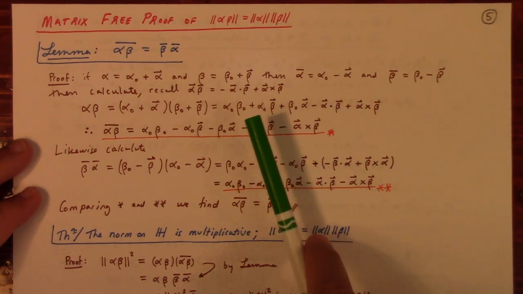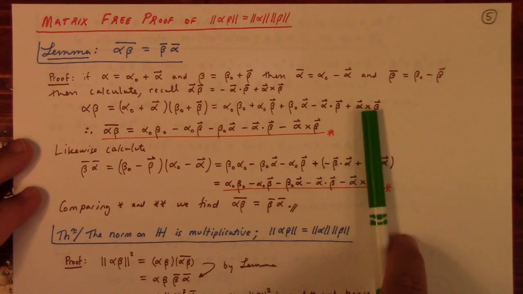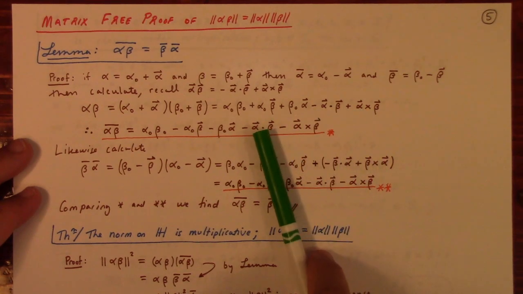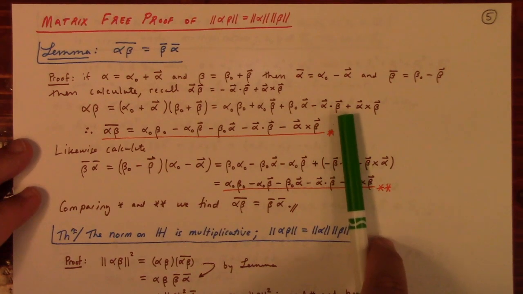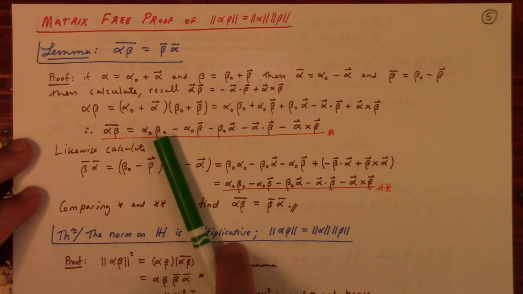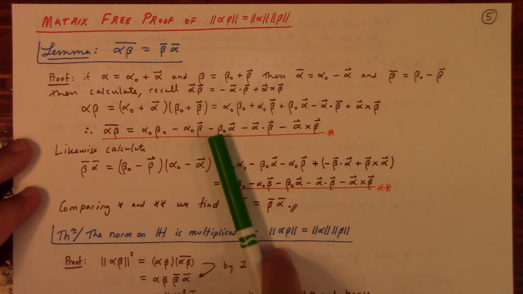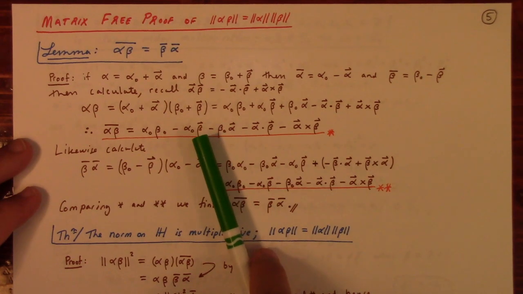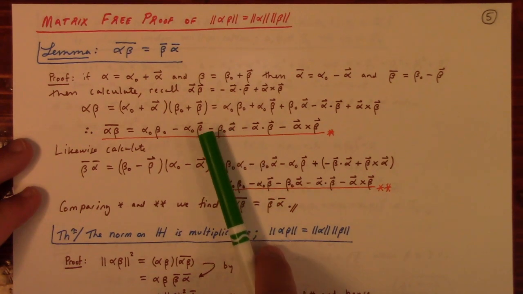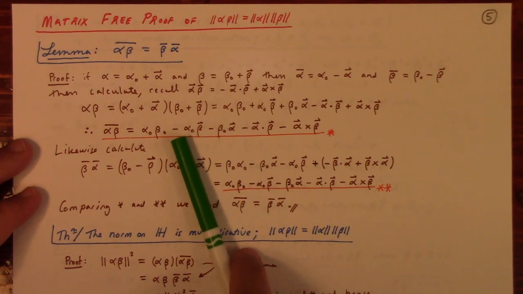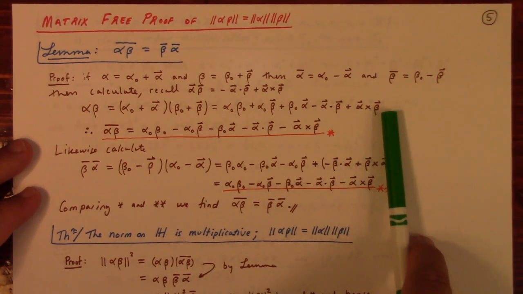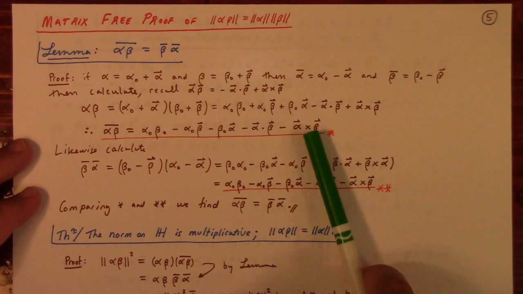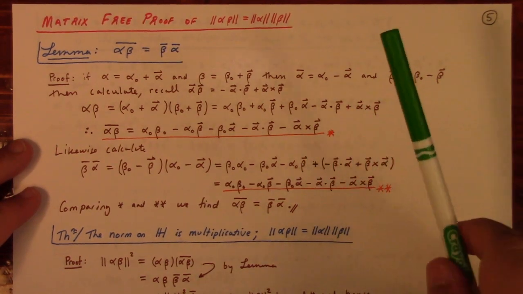Now if you think through this, when we take the conjugate of it, it does nothing to the real part, like alpha naught beta naught and alpha dot beta. Those are real. But the beta vector and the alpha vector have an i and a j in them, and so when we take the conjugate, we end up with a minus there and there, and we also end up with a minus for the cross product of alpha and beta.